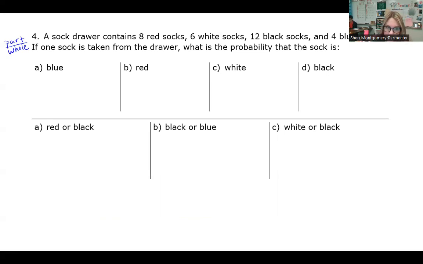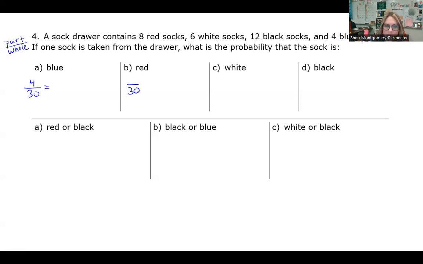All right. If there are 30 socks, then it doesn't matter if they are blue or red or white or black. They're all going to be over 30. So how many blue socks are there? 4. Okay, so blue socks would be 4 out of 30.